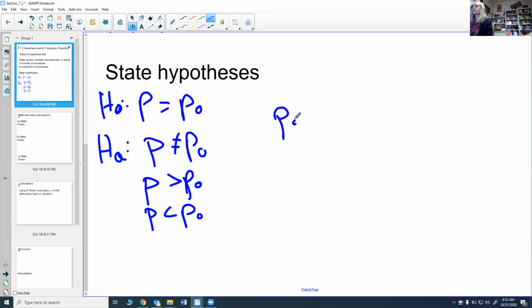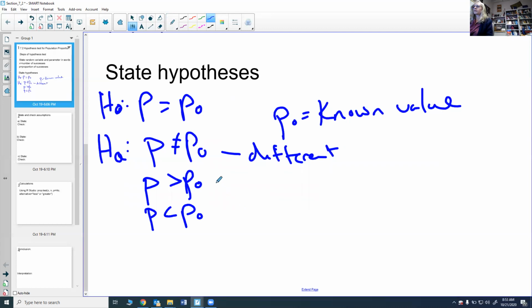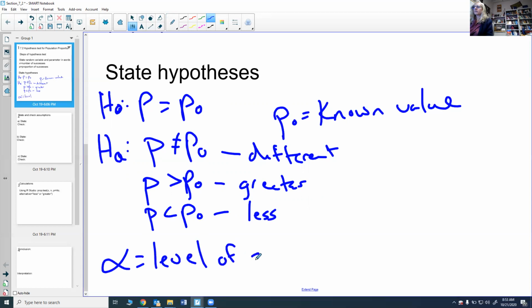P0 is your known value. And again, we use the not equal to when we're doing different. We use the greater than if we say greater, and we use the less than if we say less. And then you also usually state your alpha level, which is your level of significance. So you'd label that here also.